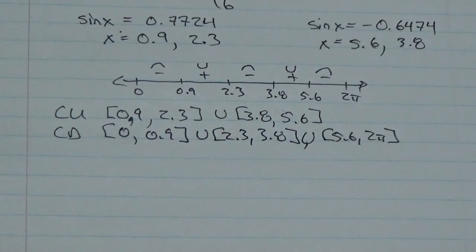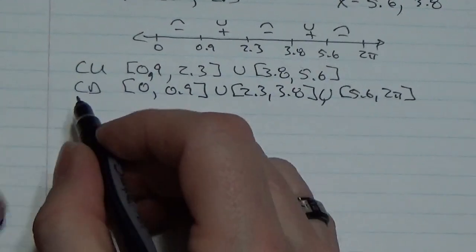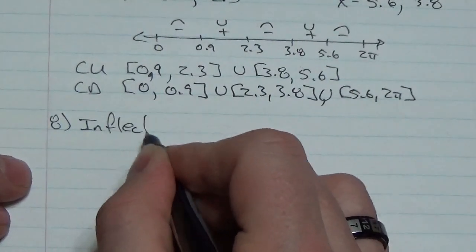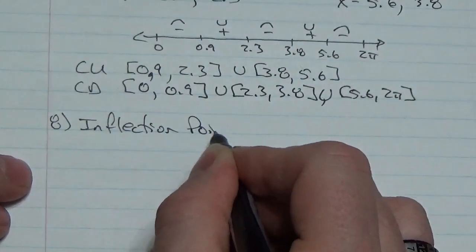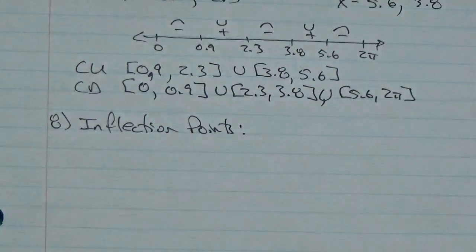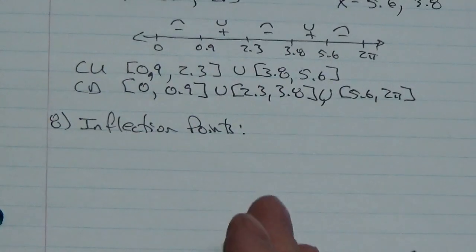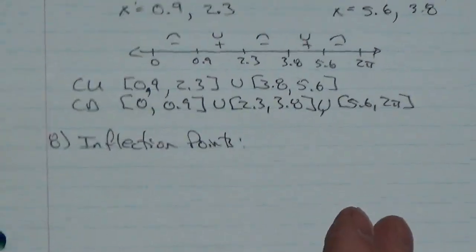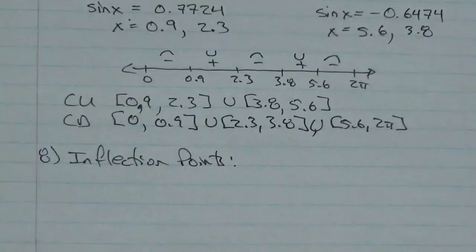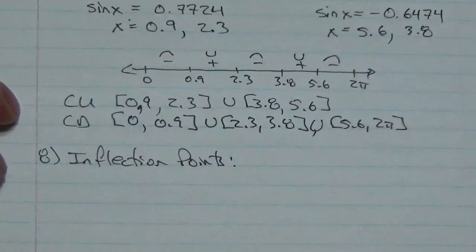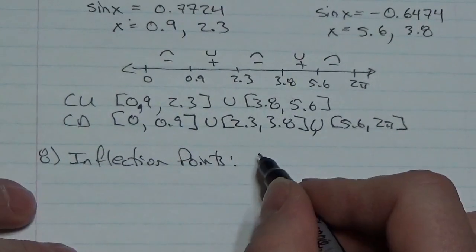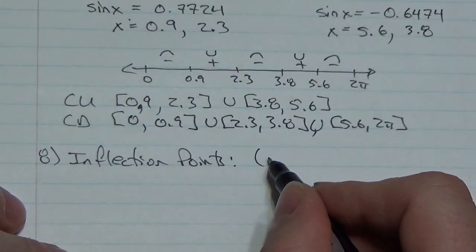Now, the very last thing that I'm going to do here is I'm going to look for inflection points. Now, normally, I have to really be careful because I'm looking for points where the concavity changes. But it turns out this is all kind of already done for me. It's quite clear that all of these points that I found in the previous step were all inflection points. So I can actually enter those into my calculator and get them.